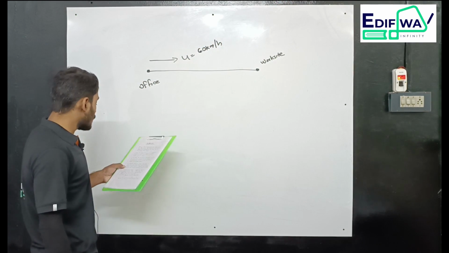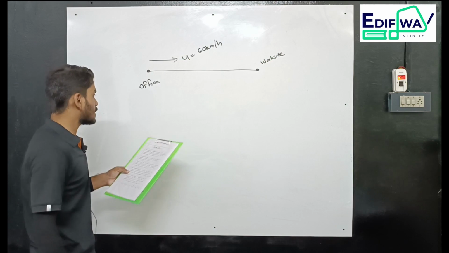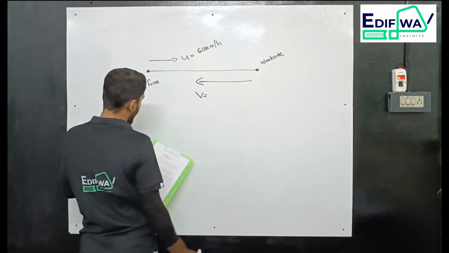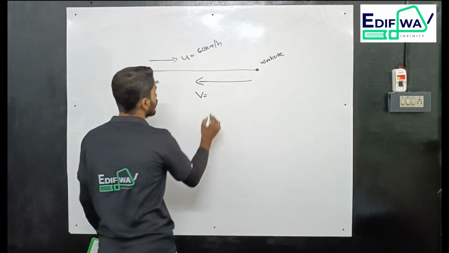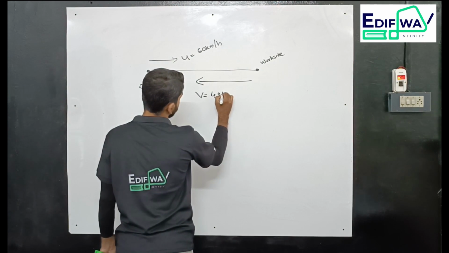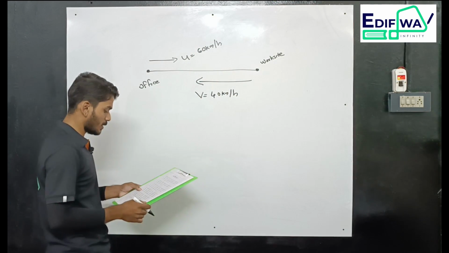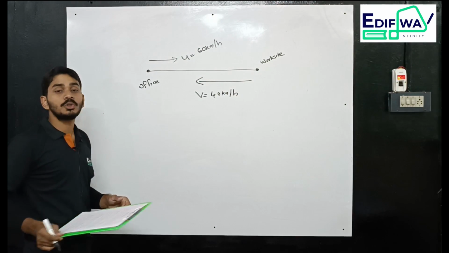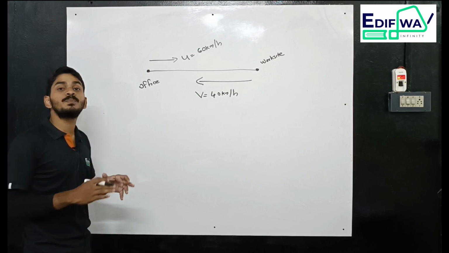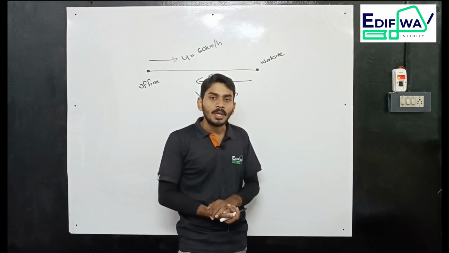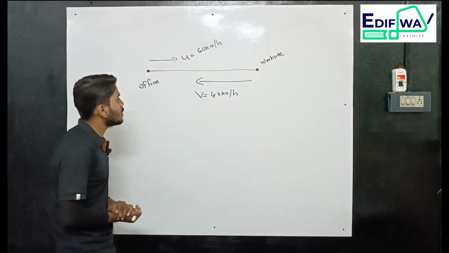Then he returned back to his office at a speed which is equal to 40 kilometer per hour. Now you want to calculate the average speed and average velocity. Clear?